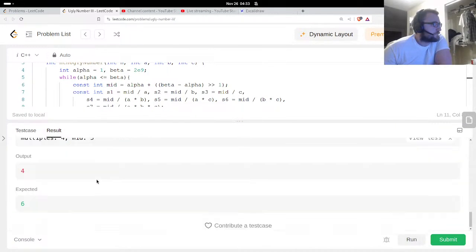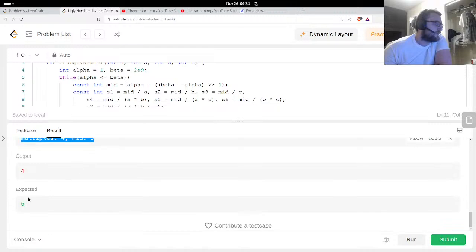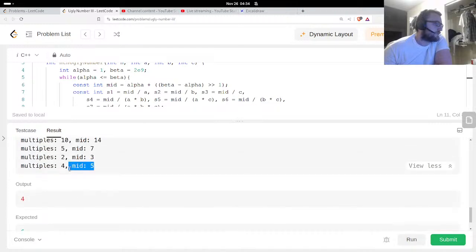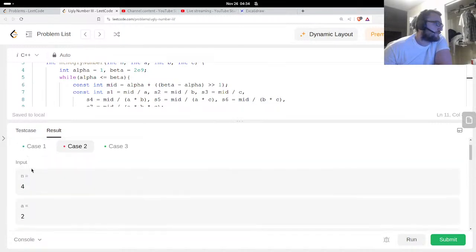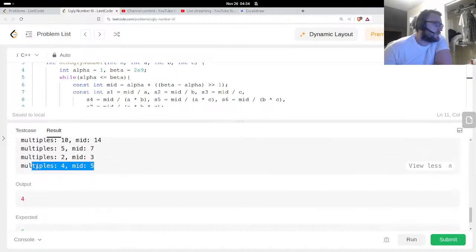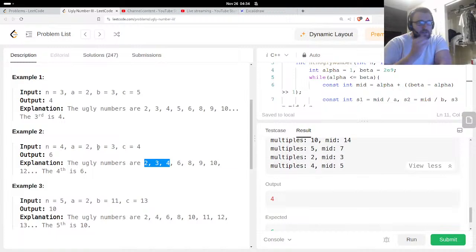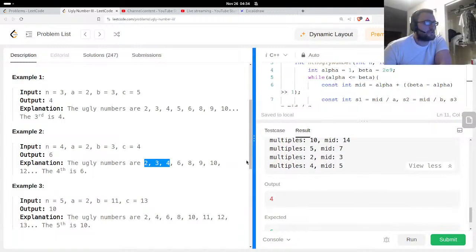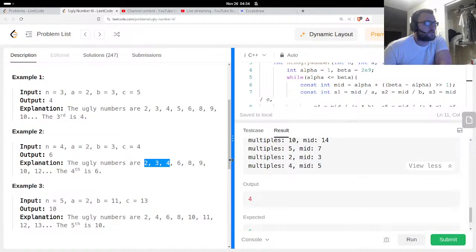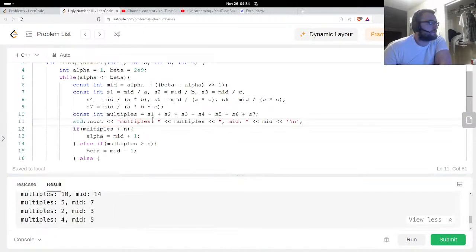Okay. So mid is 5, expected 6. Multiples are 4. Okay. So 5 has 4 multiples that are smaller. 1, 2, 3. 5 should only have 3. How did I get 6? Or how did I get 4? Somehow I got 4. Okay.